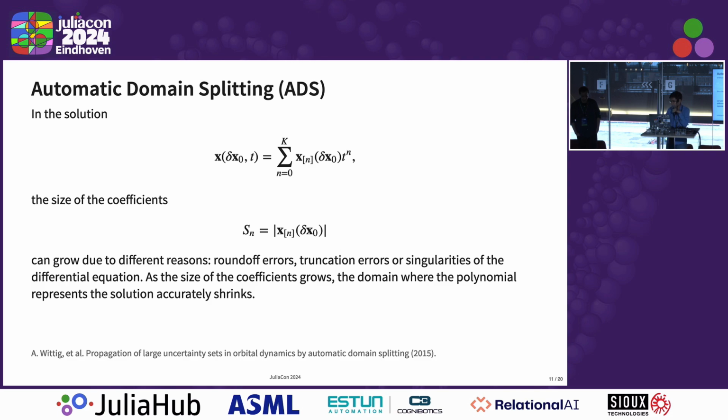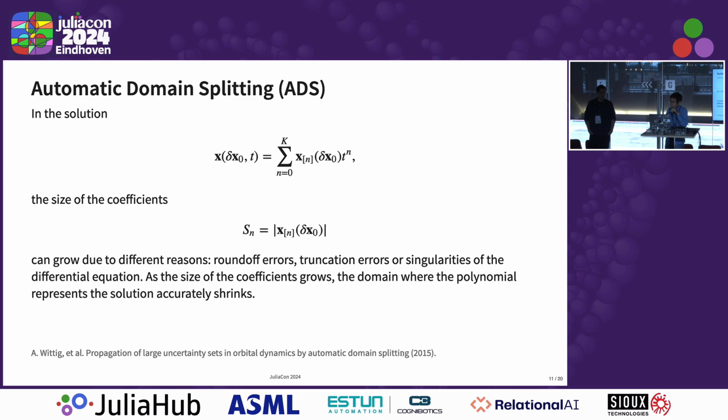Okay, so as we've seen, a single jet transport polynomial has problems representing the uncertainty when the region of interest is too big. And this can basically be traced back to the coefficients. In the polynomial that we use, the norm of the coefficients can grow for various reasons.